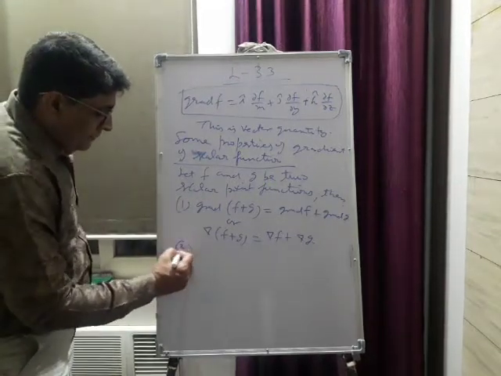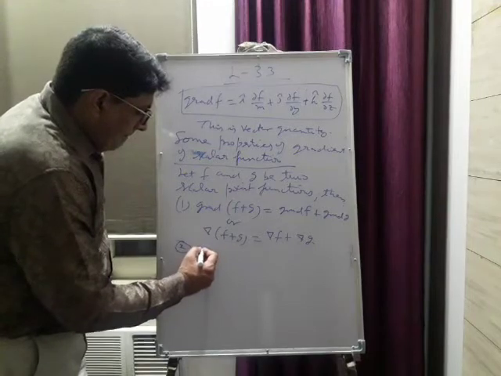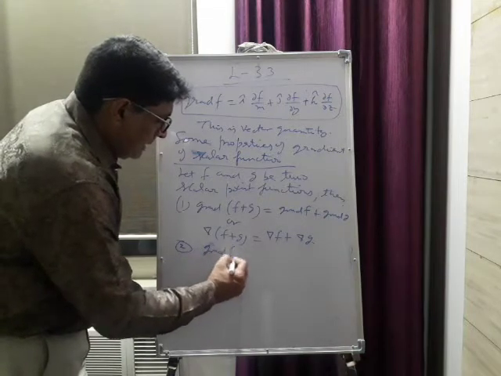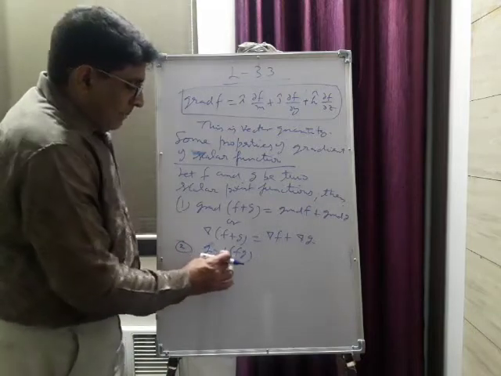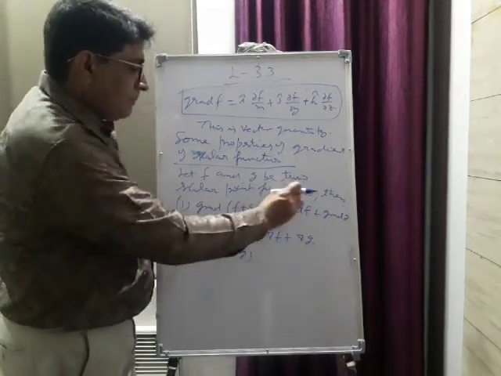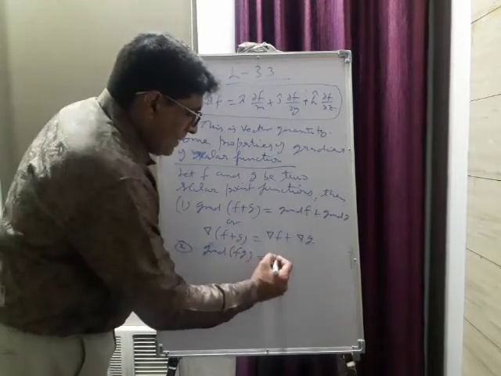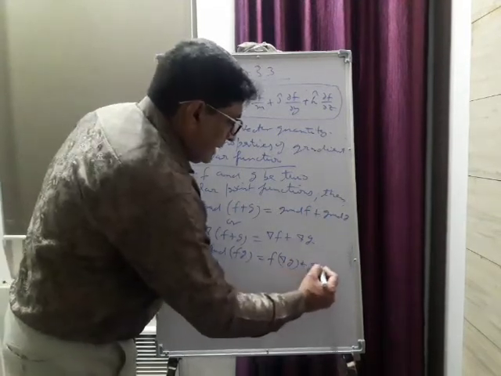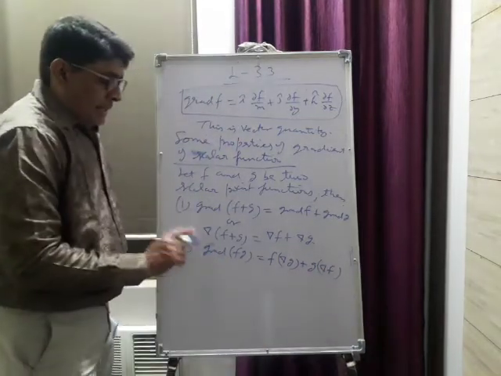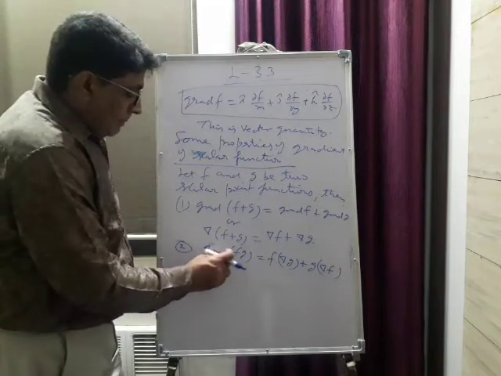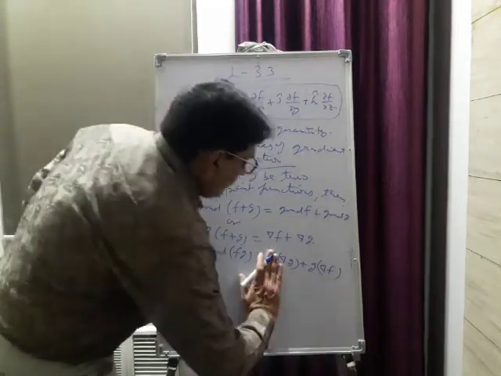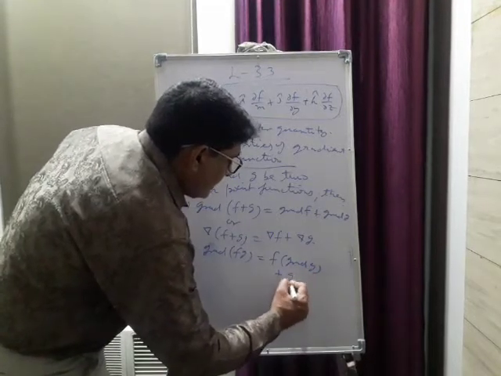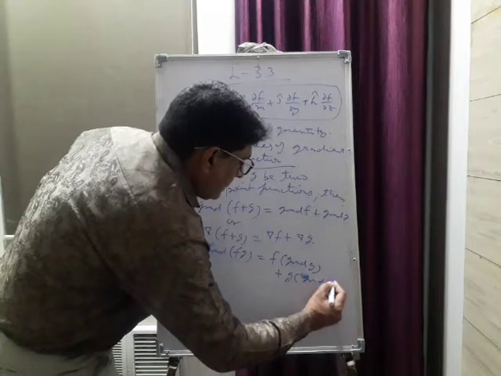Now second is gradient of f into g. The gradient of the product of two scalar functions becomes f gradient g plus g gradient f.